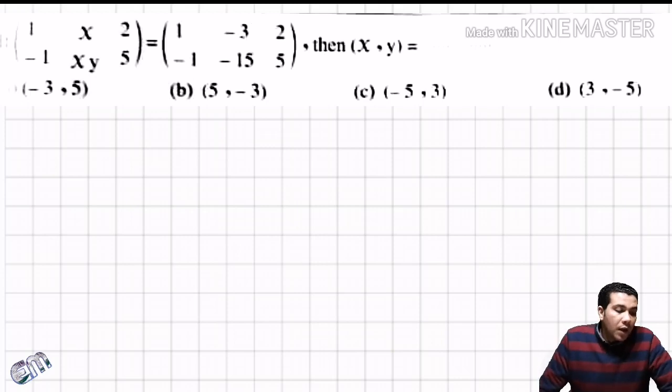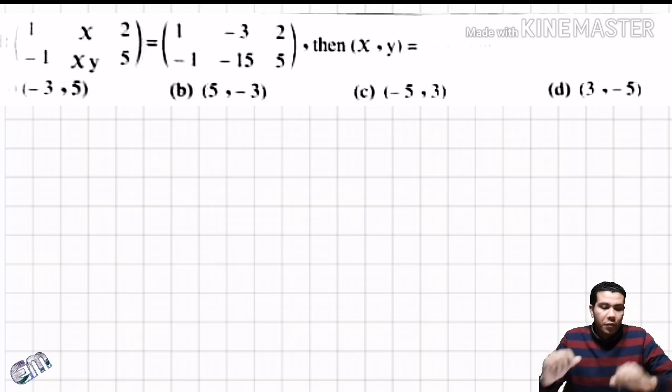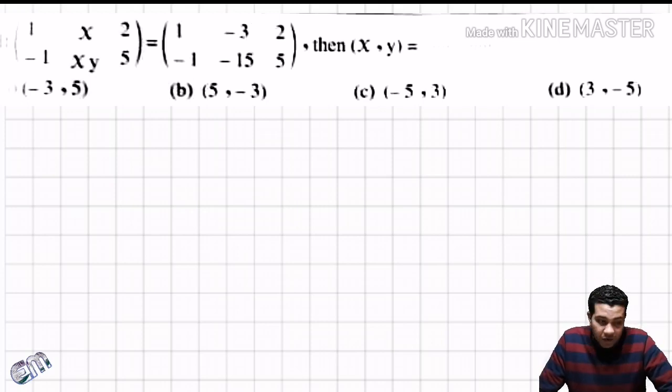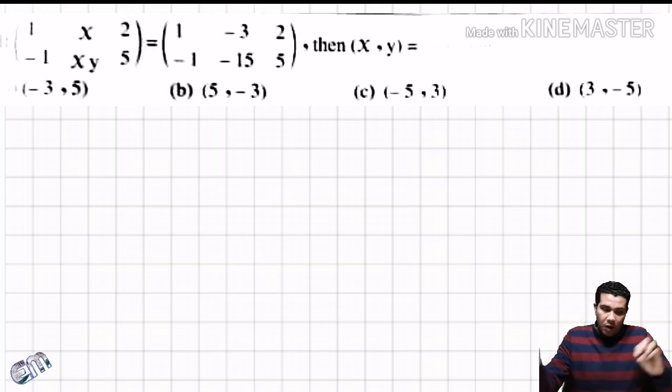Example number 2. If the matrix 1, x2 and negative 1, xy, 5 equals 1, negative 3, 2, negative 1, negative 15, 5. Find the value of x and y in ordered pair. The first matrix equals the second matrix, then each element of the first equals its corresponding element in the other.